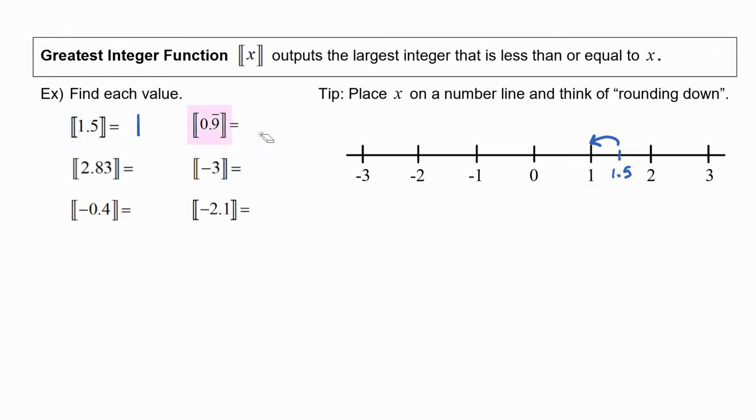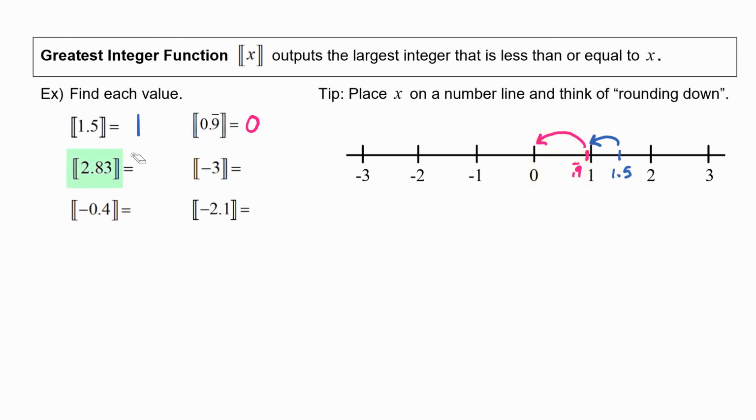The greatest integer of 0.999 repeating forever, if we put that on the number line, would be over here. And we have to find the largest integer that's less than that, so we would round down to 0.